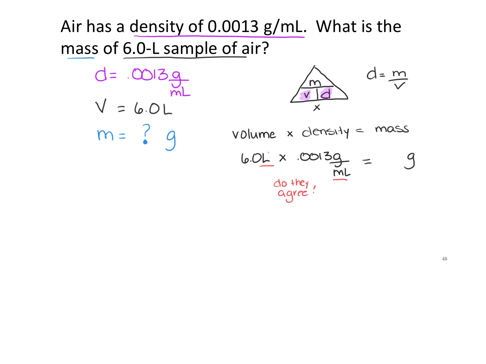And so this tells me that before I can do that, I need to come here and say, okay, they do not agree. So I need to convert liters to milliliters, and then they will agree.